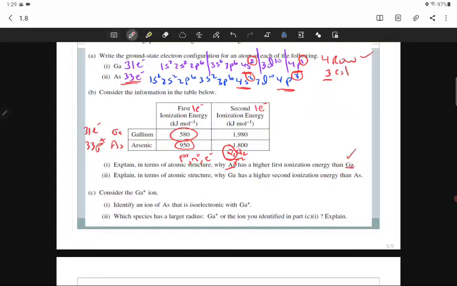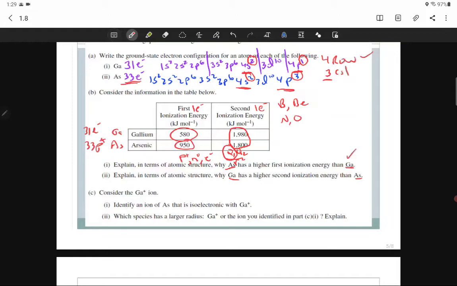Okay, so now second, this kind of goes against what I just mentioned previously, but we're going to have to try to explain that. So why would gallium, why is it harder to lose the second electron? Well, if you remember, we had exceptions. I think we talked about boron versus beryllium and nitrogen versus oxygen, some exceptions to why it's easier or harder to lose electrons.